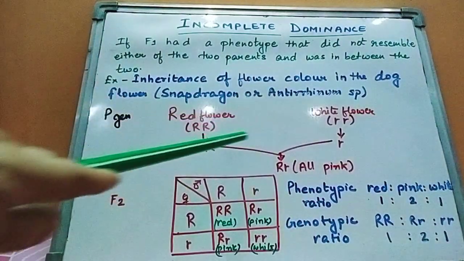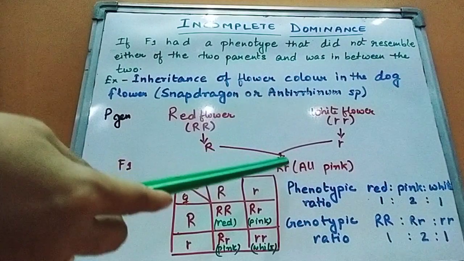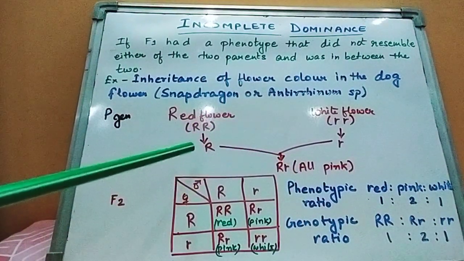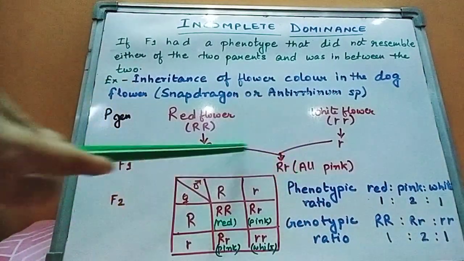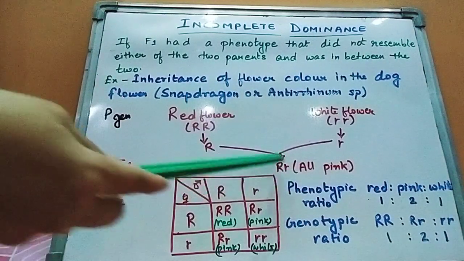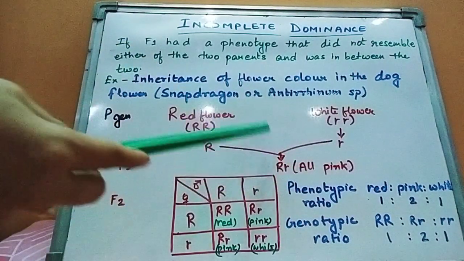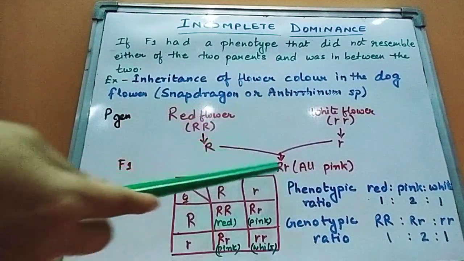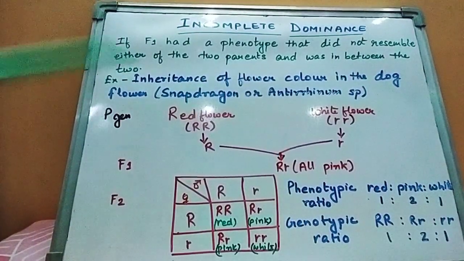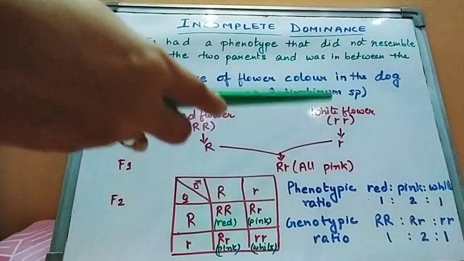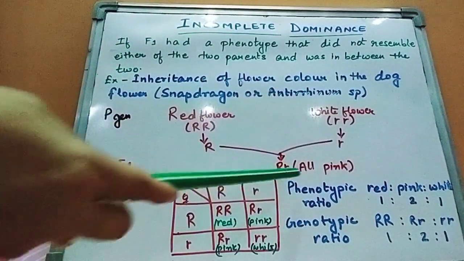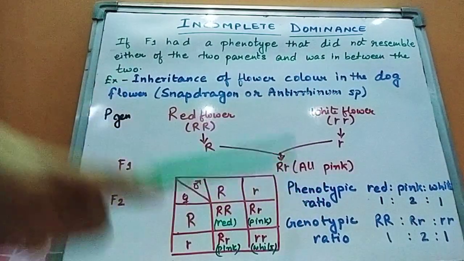They were crossed, and in the F1 generation, according to the Mendelian monohybrid experiment, it should be red, but it was the hybrid or heterozygous genotype, capital R and small r, and instead of a red flower, the color of the flower produced was pink. That means it resembles neither parent, neither red nor white flower. So it has come in between, that is pink.